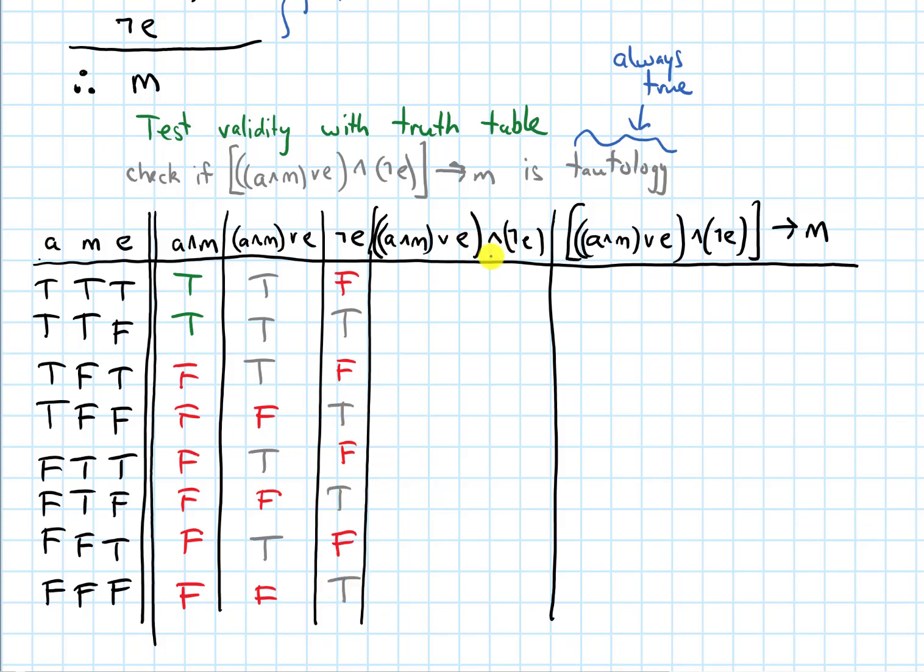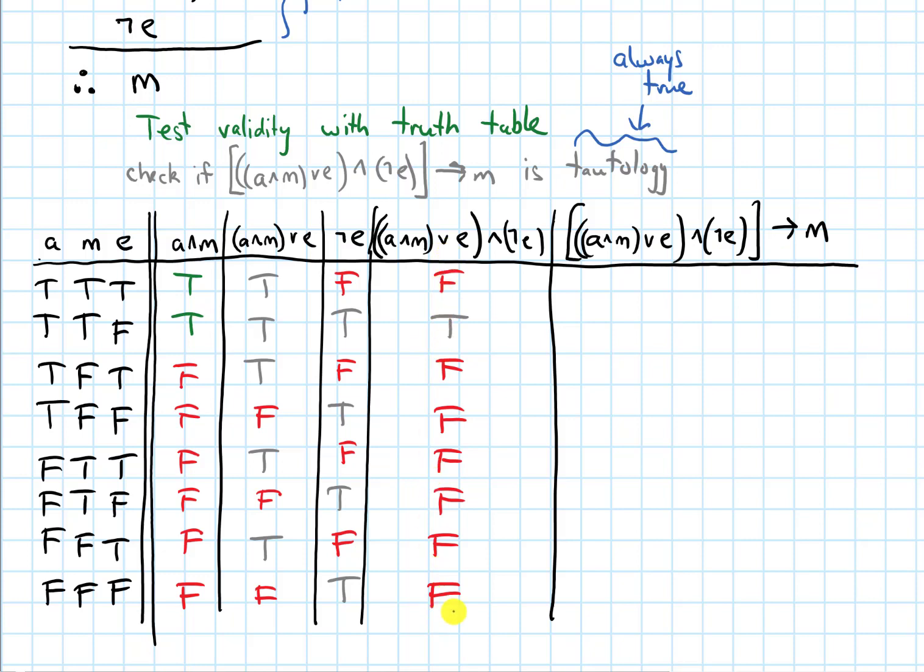And now we're going to make an and statement involving the previous 2 columns. The only way for an and statement to be true is if both of them are true. That happens in the 2nd row. And I believe that's it. So the rest of those rows are all false. I'm going to put a bunch of falses. All right, and then this final column, it's an implication where the first part of the implication is this previous column, and then the second part of it is M. Okay, the only way for an implication to be false is if the first part is true and the second part is false.